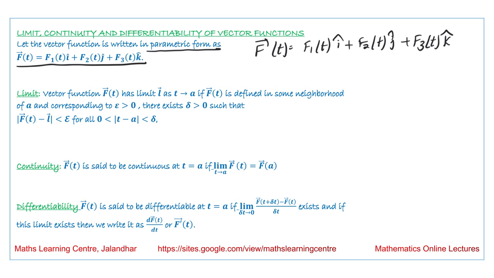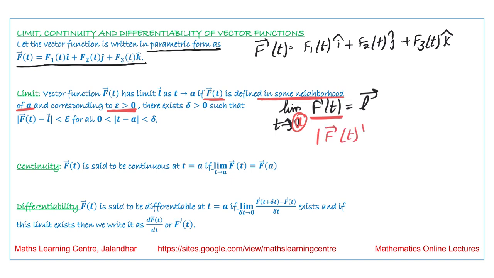Now if we are calculating the limit, we say limit t tends to a, f vector t is equal to L vector if f of t is defined in some neighborhood of a, and corresponding to epsilon greater than 0, there exists delta such that mod of f vector t minus L vector is less than epsilon for all 0 less than mod of t minus a less than delta.